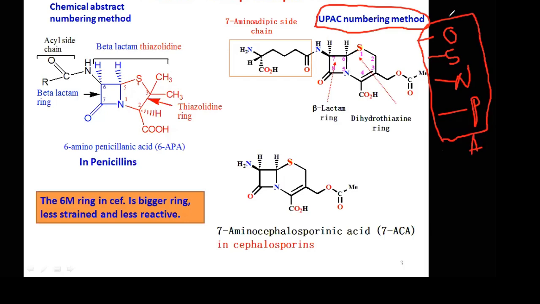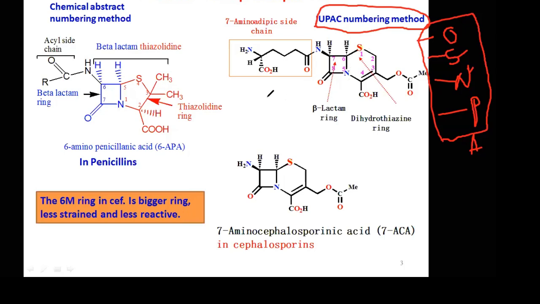These four heteroatoms are mainly concerned with pharmaceutical preparations. So this is the order OSNP. There is no oxygen in this ring. So there is sulfur and nitrogen, so preference should be given to the sulfur. 1, 2, 3, 4, 5.